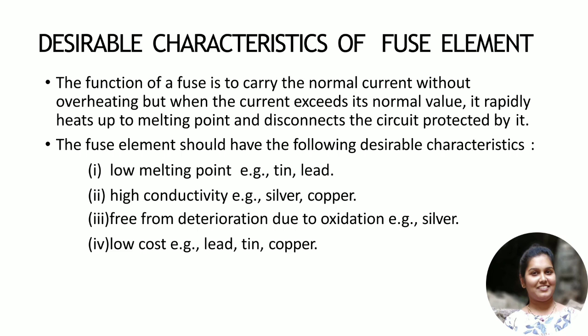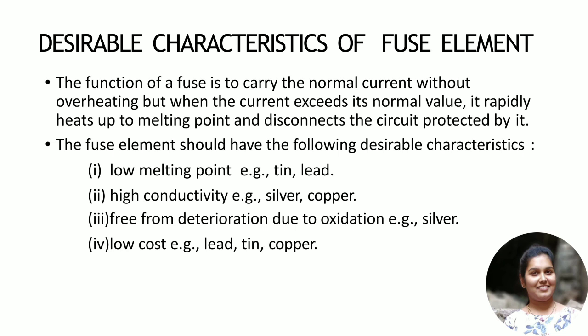Examples of low cost fuse elements are lead, tin and copper. These are the basic characteristics which are desirable for any fuse element. Altogether, tin, lead, silver and copper are the materials most commonly used, as these elements fulfill characteristics like low melting point, high conductivity, freedom from deterioration, and low cost.